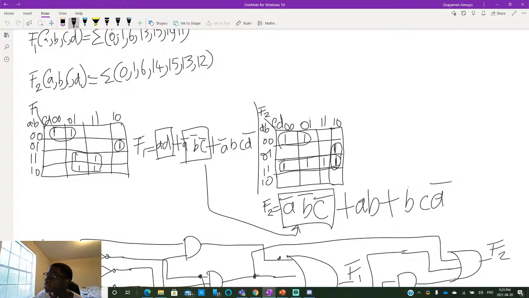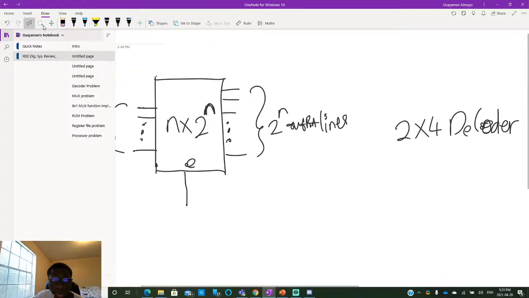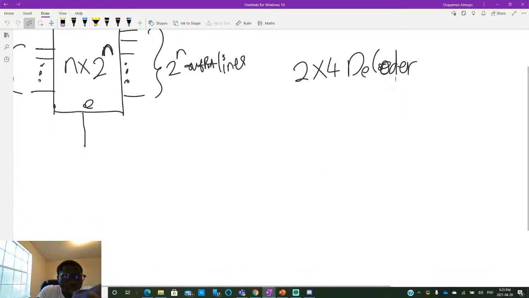Does that make sense? Okay, let's move on. And so back to decoders. Assuming we have a 2x4 decoder, right?